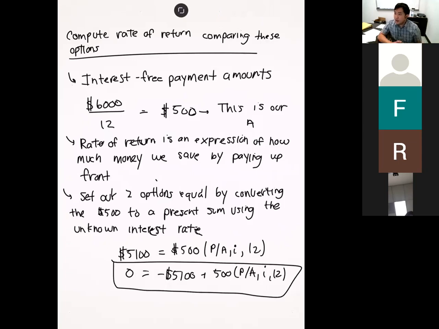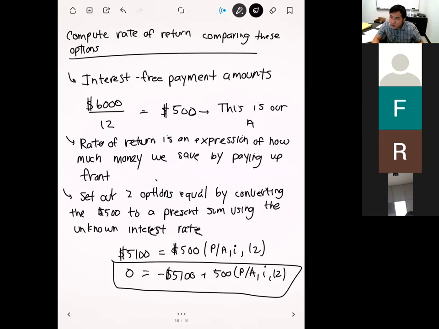This might seem like kind of a silly algebraic manipulation, but look at the signs that I've chosen for everything. For the option of paying it up front, we have a negative cash flow in the present day, and so we have minus $5,100. And then over time, by choosing to pay up front, another way that you can say it is we're saving $500 each month.